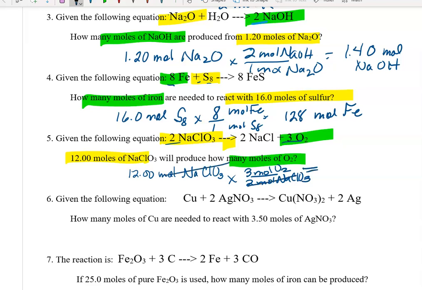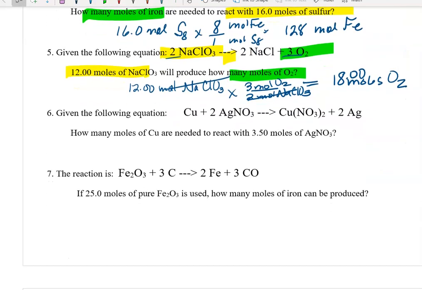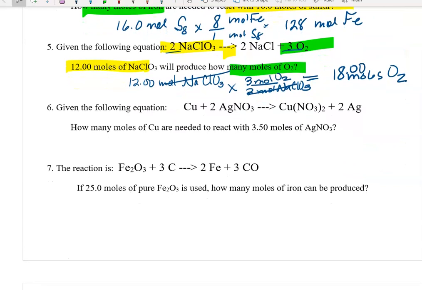NaClO3 cancels, and we end up again with 18.00 moles of oxygen. Why I have virtually the same problem between question 1 and 5, I'm not sure. The only difference is the sodium instead of potassium.